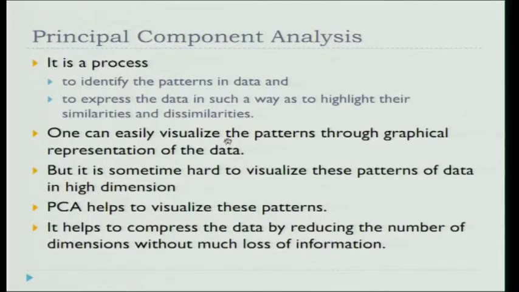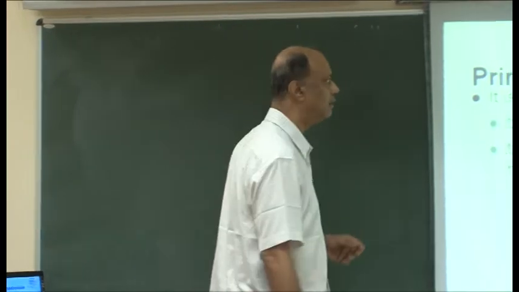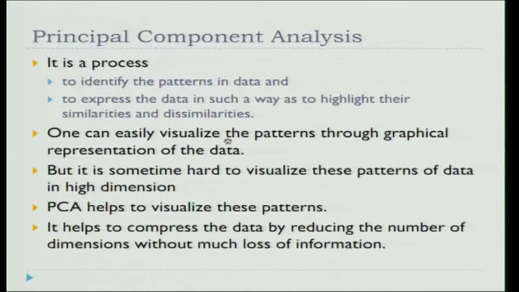Generally, by seeing the data, you would like to see what the pattern in it is. Are they maintaining a certain relation, or is there no relation, randomly distributed? So these patterns you need to know. Once you know these patterns, you want to highlight them. Highlighting the pattern means how much similarity exists and how much dissimilarity exists.